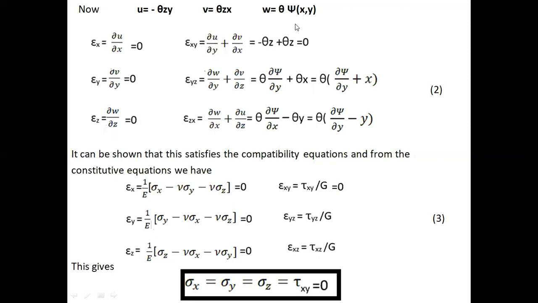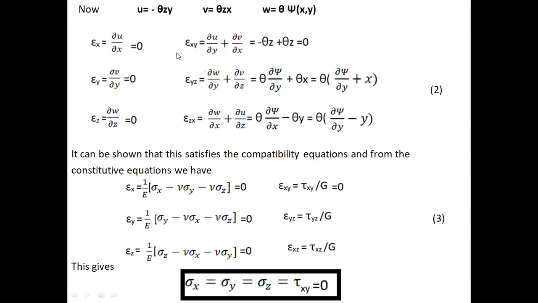That is also 0 because psi is a function of x and y only. So obviously, if you differentiate this with respect to z, it will become 0. So we have got 3 normal strain components to be 0.